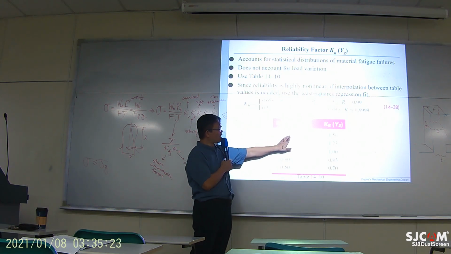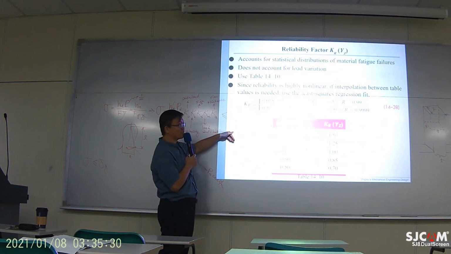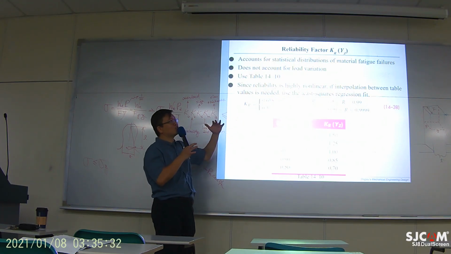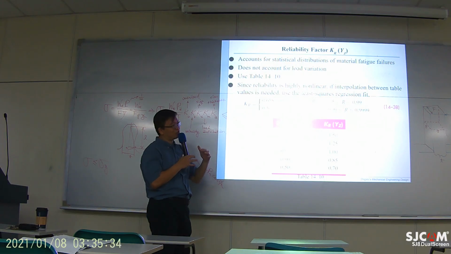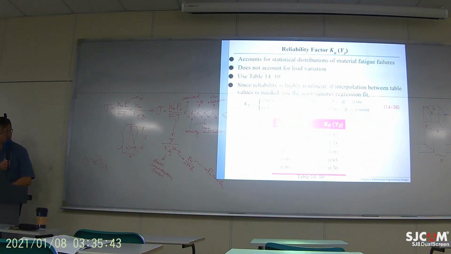So when you need higher reliability, the limit of your stress drops. So it's like your design space gets smaller. You cannot carry higher loads. So it's kind of making sense. Okay? Now we are almost done.